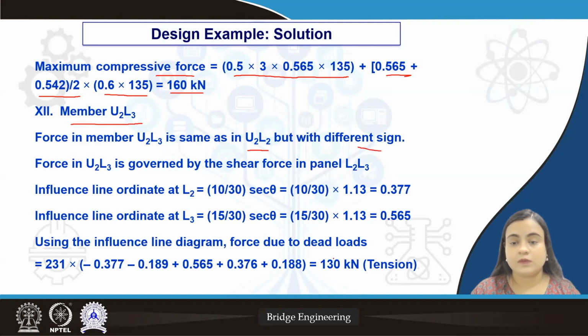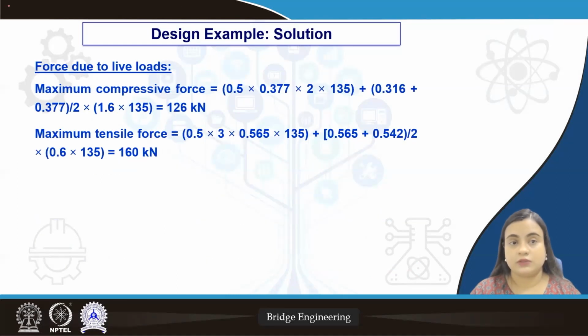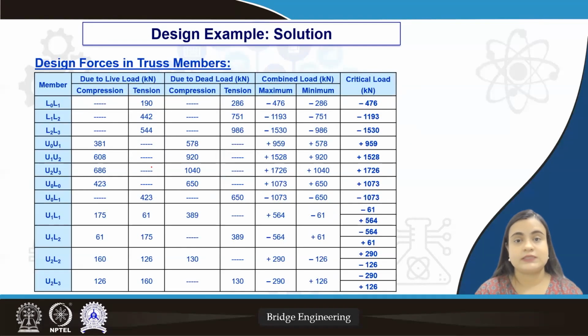So the dead load induced forces in member U2L3 will be 130 kN in tension. Maximum compressive force due to live load will be 126 kN and maximum tension force due to live load will be 160 kN.